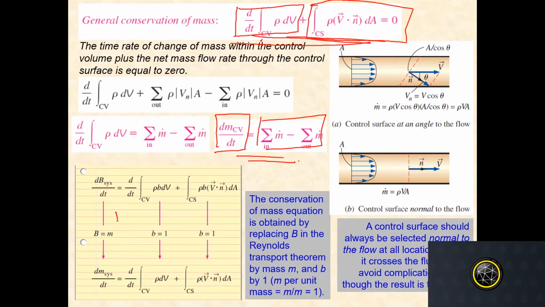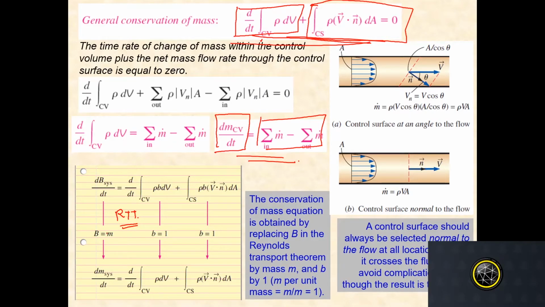If you look back at the Reynolds transport theorem, which is quite similar, the capital B and the small b represent any property, and you can change them to any property that you want.